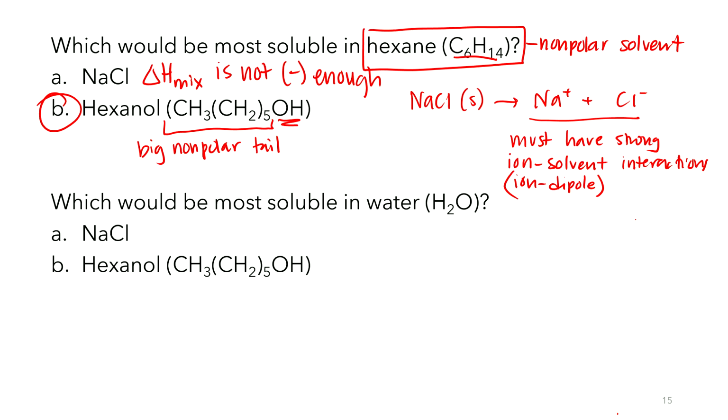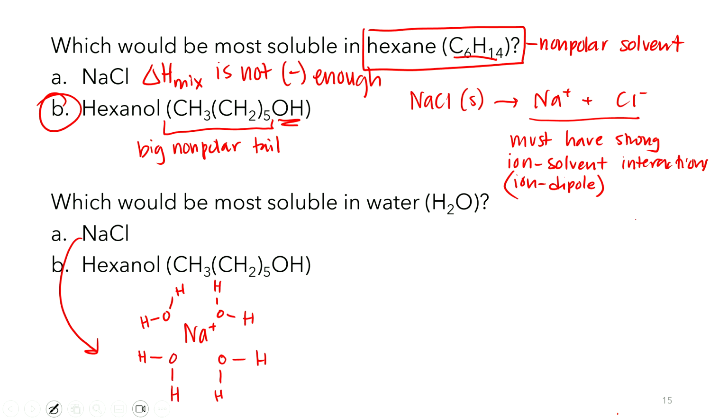Good. Salt dissolves in water for the reasons we just talked about. Because Na+ and Cl-, when that dissolves, I'm going to have a bunch of Na+ ions, and water is going to orient all of the oxygens around that positive charge. All of those are partial negatives.